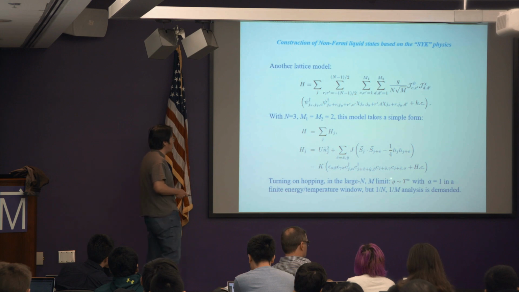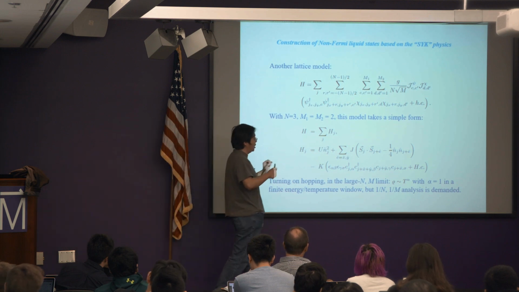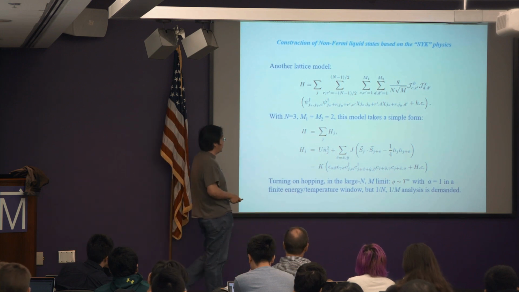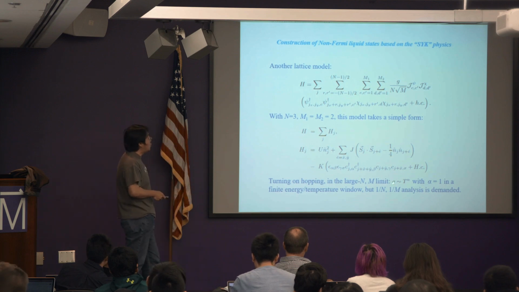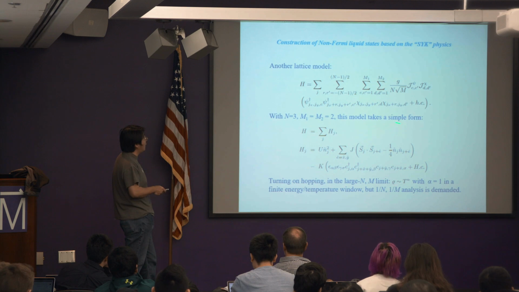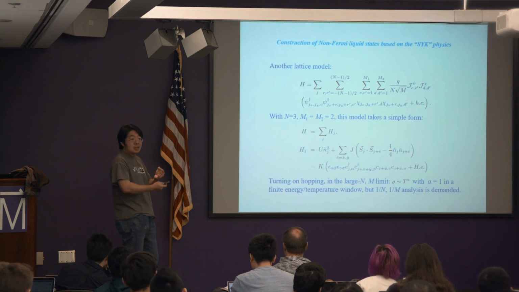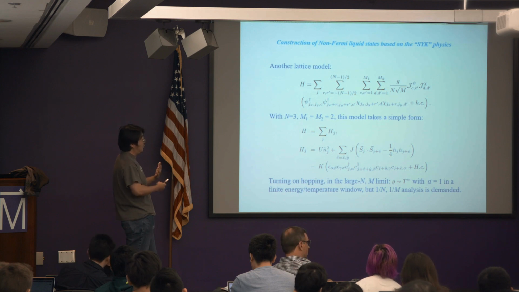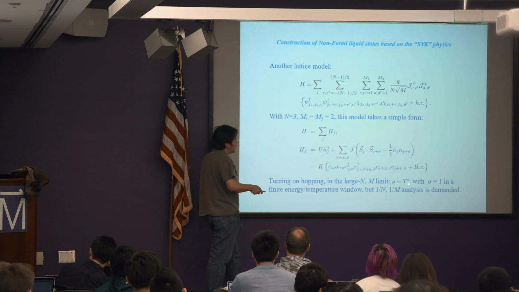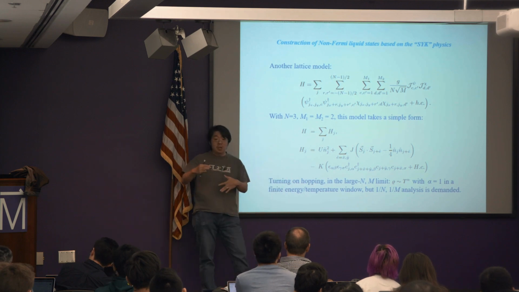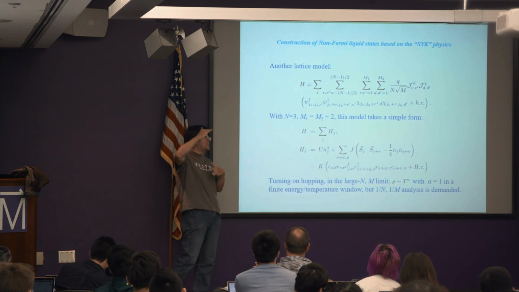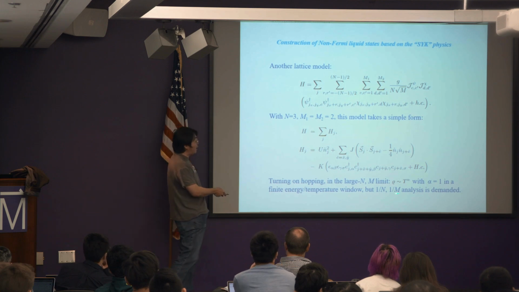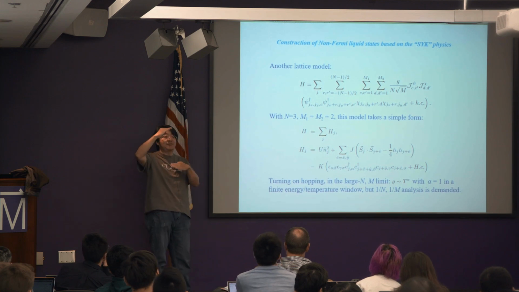Within a temperature range, we are still supposed to expect rho to the power alpha, and alpha equals 1 when I take m1 equals m2, but alpha can be tuned anywhere between 1 and 2 if I change the particle density. So this scaling is supposed to hold within a finite energy window for finite n and m.